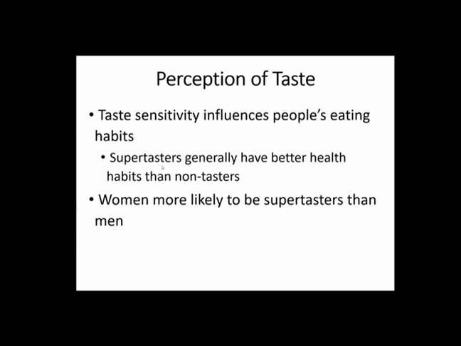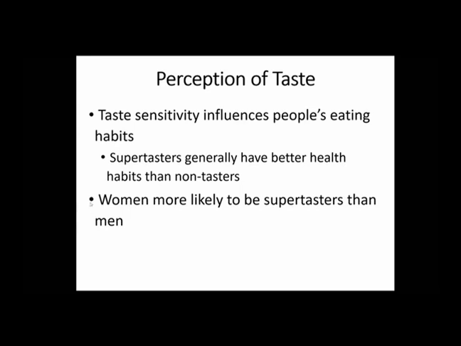And that works the other way. So super tasters tend to have better eating habits health-wise than non-tasters. So people who can taste all the ingredients and who know quality ingredients, they're going to prefer to eat things that were made from scratch. Whether that means they cook for themselves or they go out to restaurants or whatever. Eating things that aren't mass prepared in advance tends to make them have better health habits.